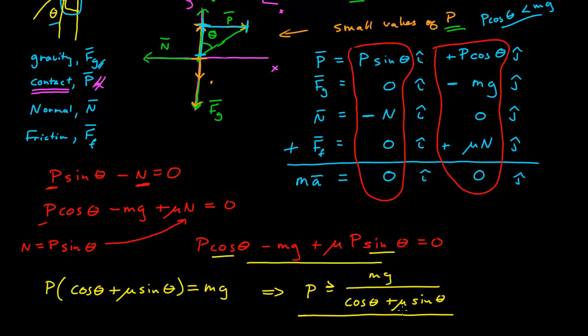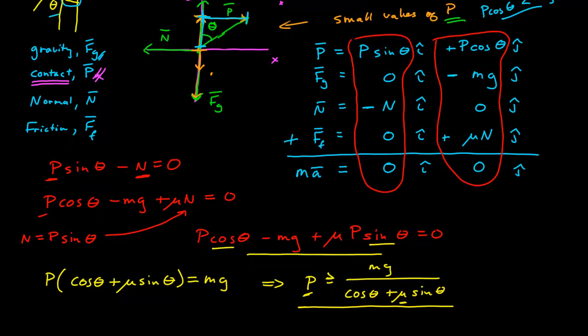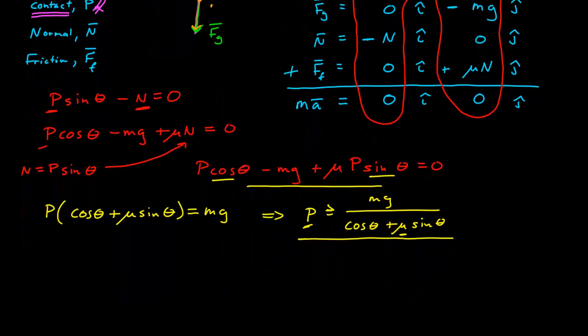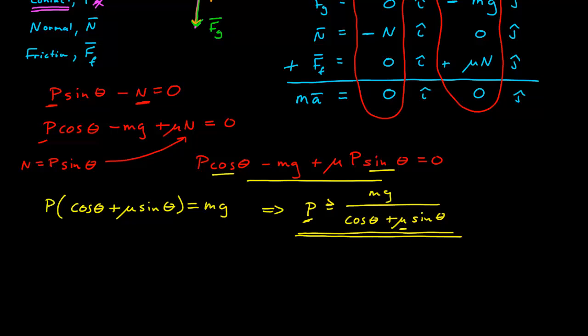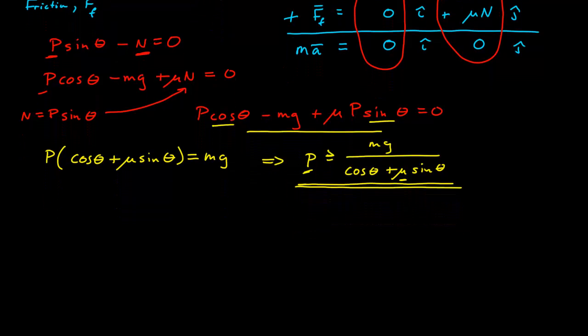So mu takes on some maximum value as P shrinks. Mu changes so that the system remains static. But mu can only take on some maximum value, at which if this drops any further below, then the system falls. So the P has to be larger than this expression.